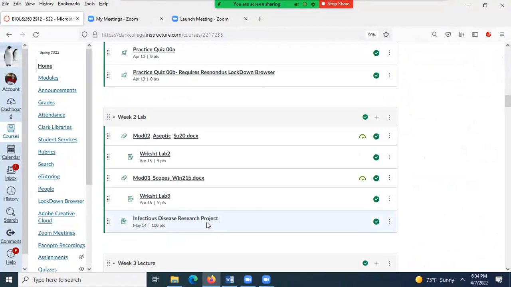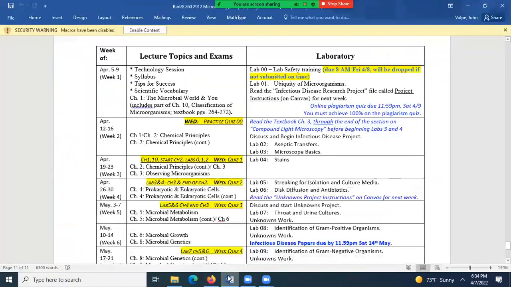Is that what you're supposed to be reading? The Infectious Disease Research Project? Yeah, Infectious Disease Research Project. And that's what it's actually called, not Project Instructions. It's the Infectious Disease Research Project. And I'll have to change that.